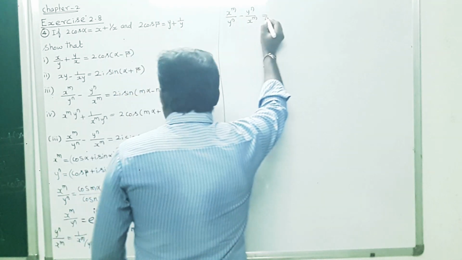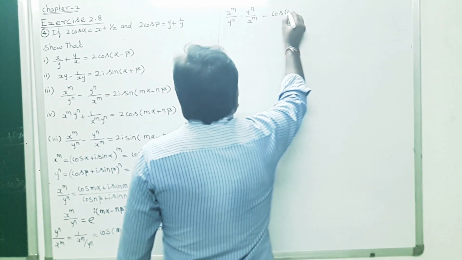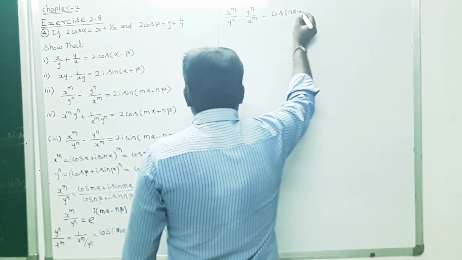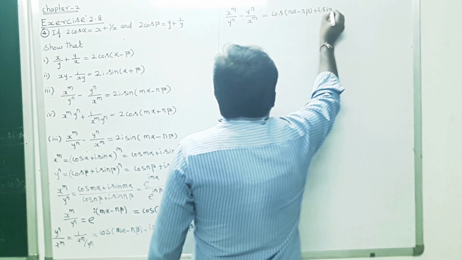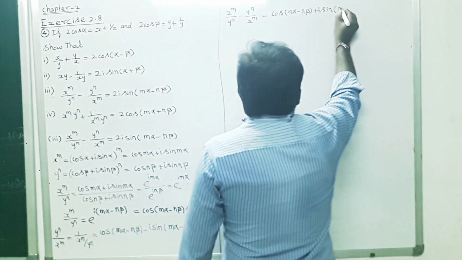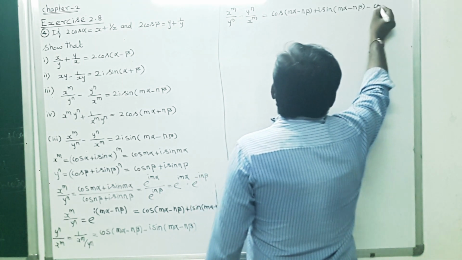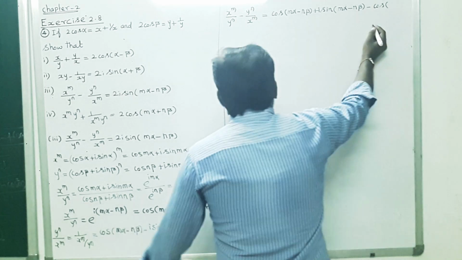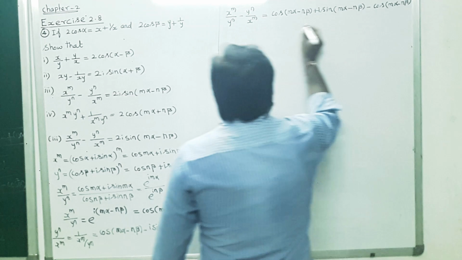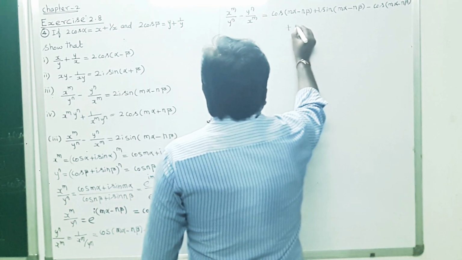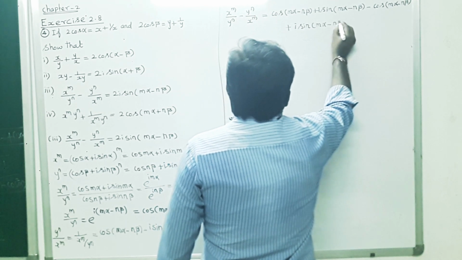So is equal to, the first result answer cos of m alpha minus n beta plus i sin of m alpha minus n beta, next minus cos of m alpha minus n beta, next minus i sin of m alpha minus n beta.